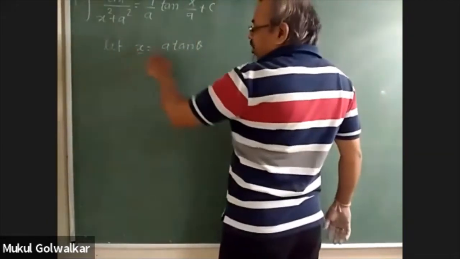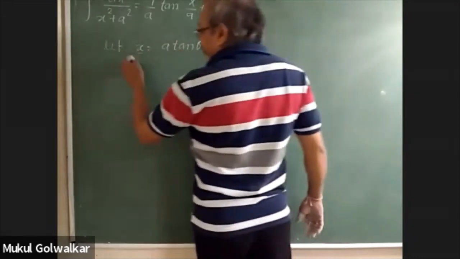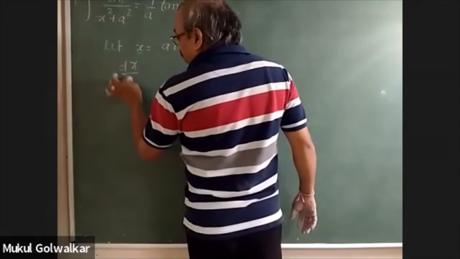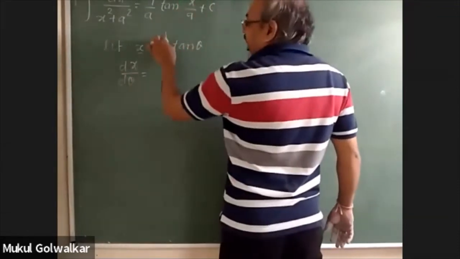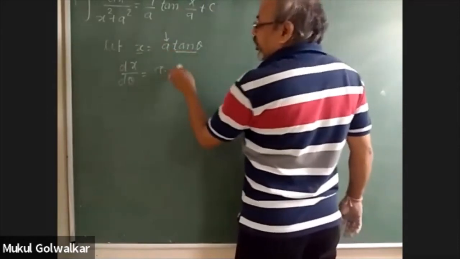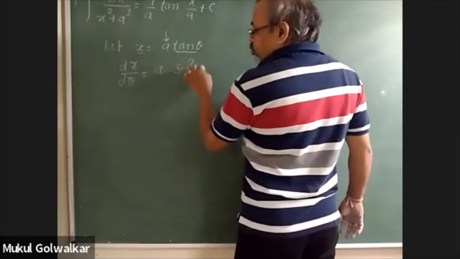If I write x is equal to a into tan theta, I differentiate with respect to theta. So dx by d theta is equal to a, a is a constant quantity so you take it out, and the derivative of tan theta will be equal to sec square theta.